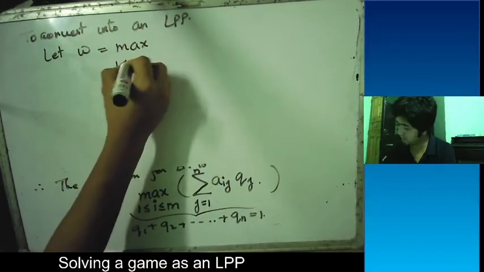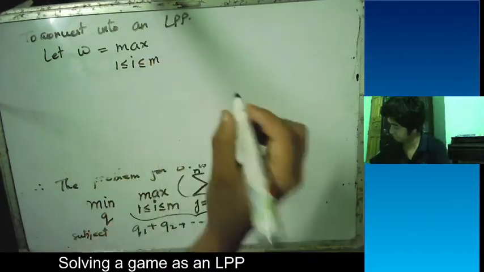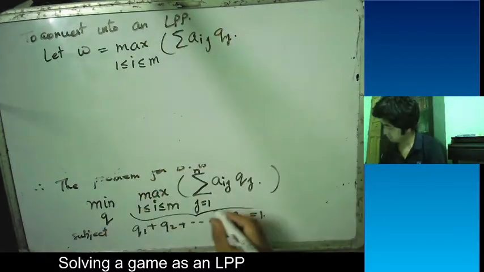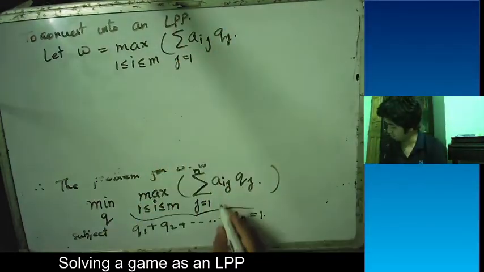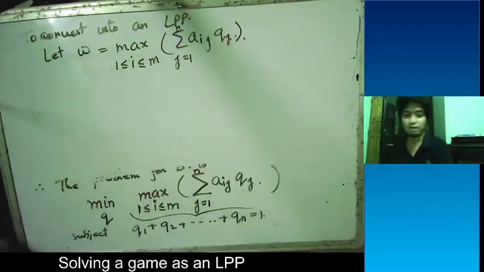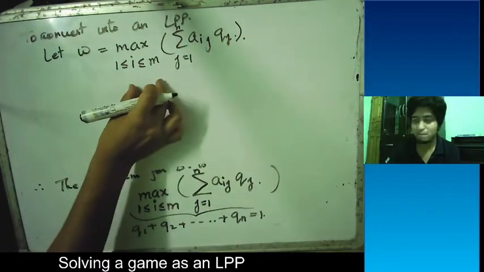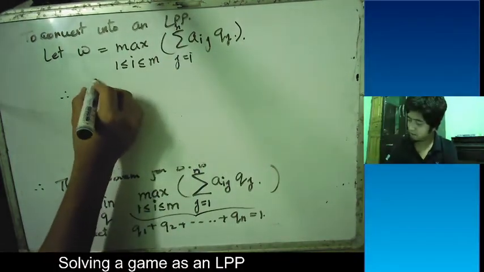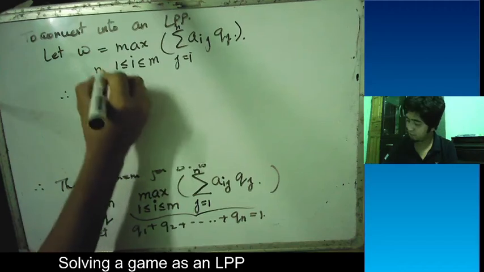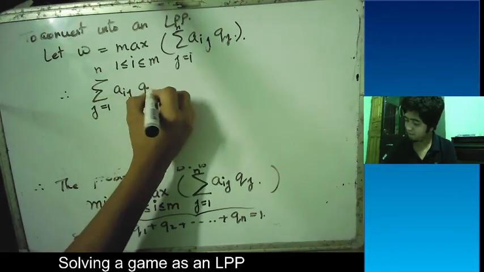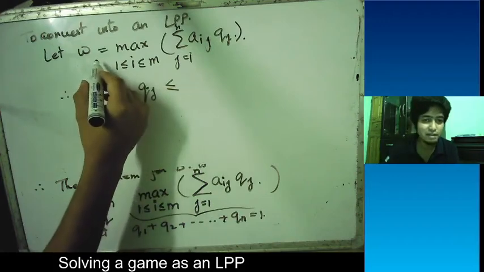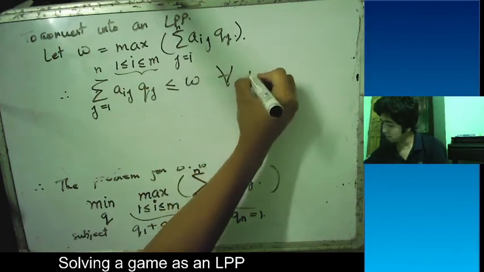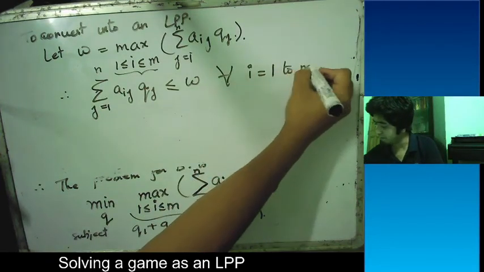Maximize over 1 less than or equal to i less than or equal to m, summation Aij Qj, j equal 1 up to n. Since W is the maximum, all of these entries, summation j equal 1 up to n Aij Qj, will all be smaller or equal to W, for all i equal 1 to m.